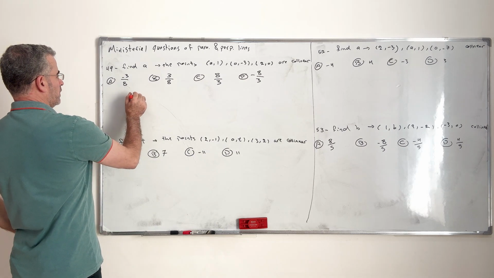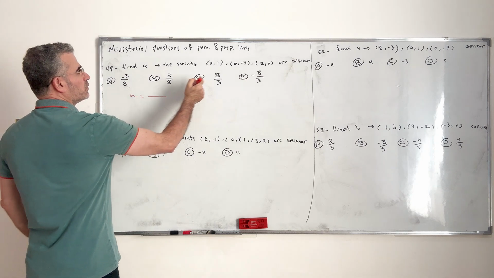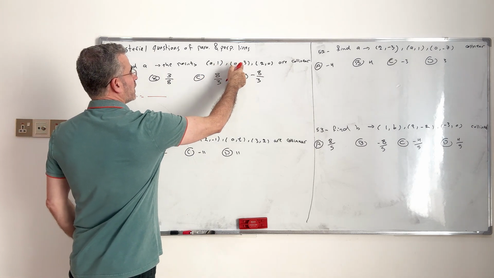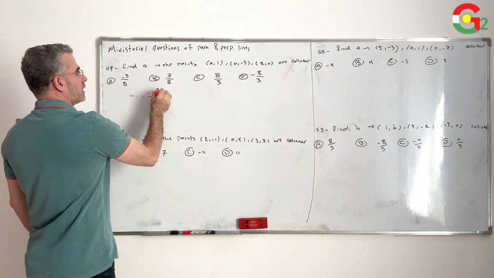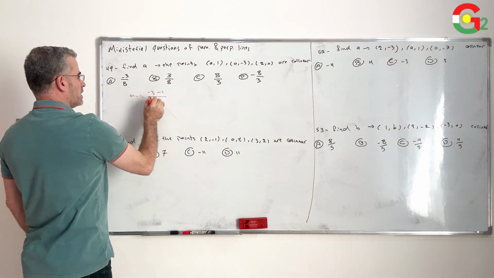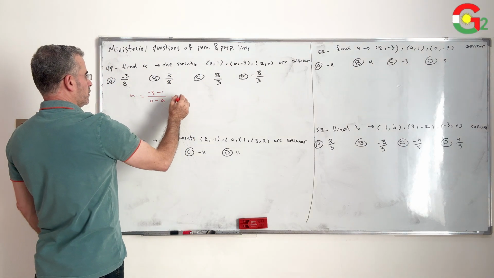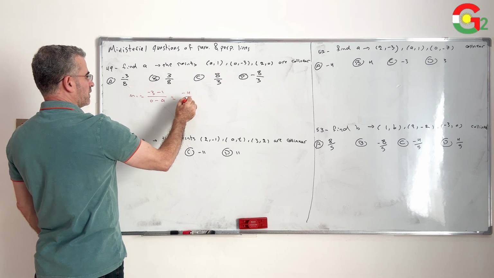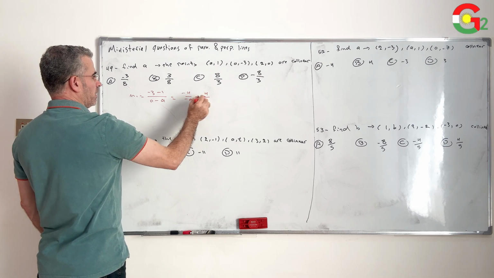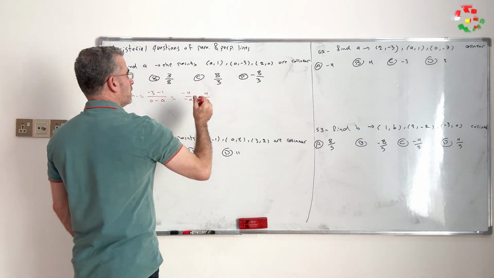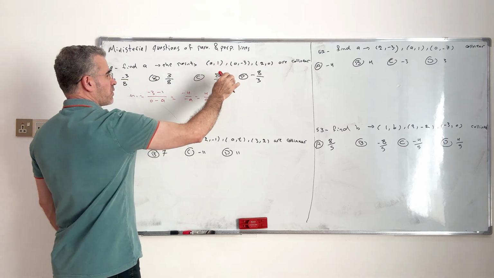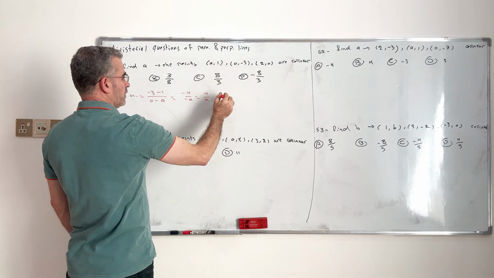Let me find the slope of the first 2 points: -3 minus 1 over 0 minus a equals -4 over -a equals 4 over a. This is the slope of the line through the first 2 points.